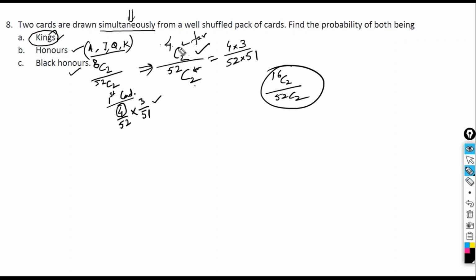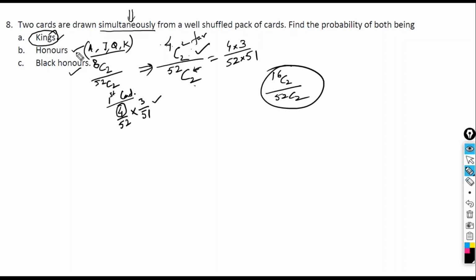Tell me, Shivani, what is the confusion? Because the question says you have to draw 2 cards, you will be drawing 2 out of 4. They are the favorable cases.